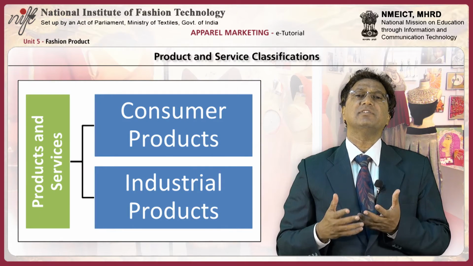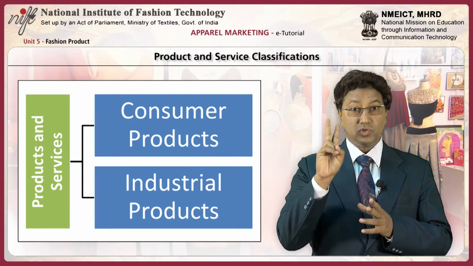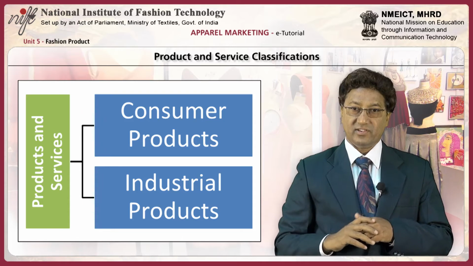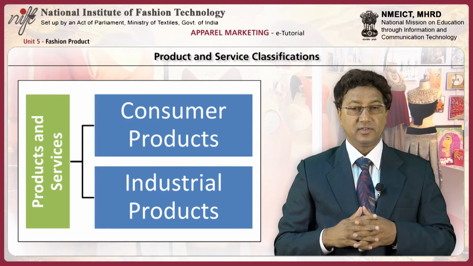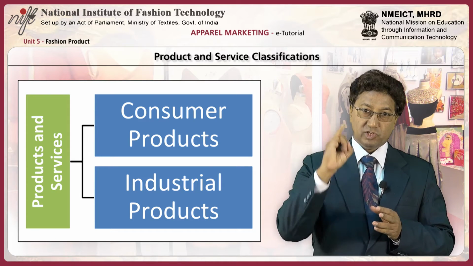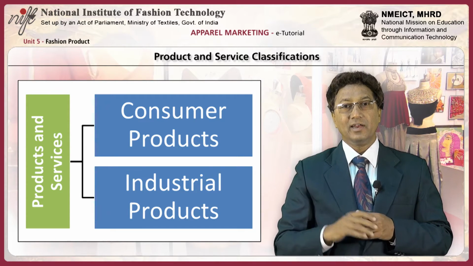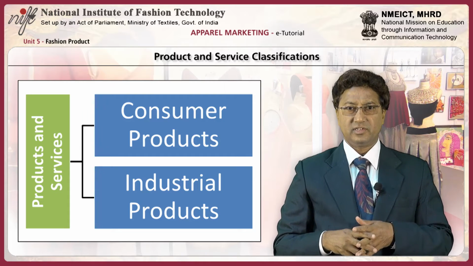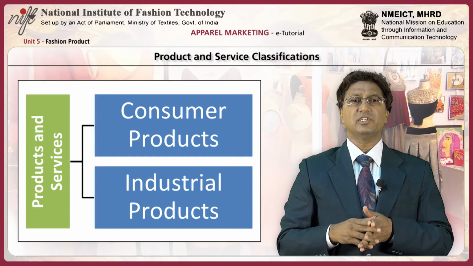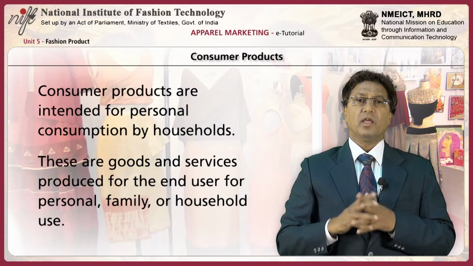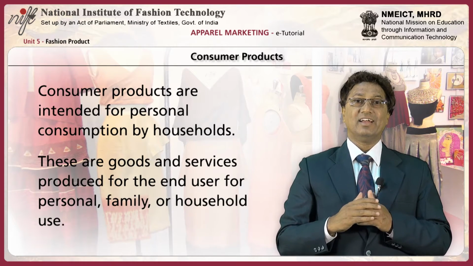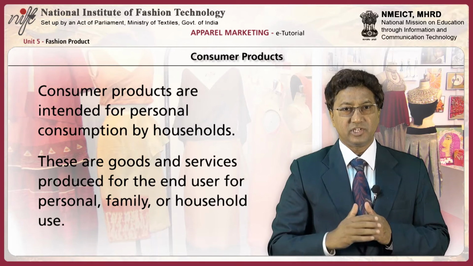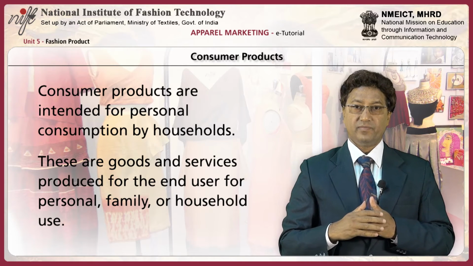Products and services fall into two broad categories based on the type of end user: consumer products and industrial products. Now let's understand what is a consumer product. Consumer products are intended for personal consumption by households.